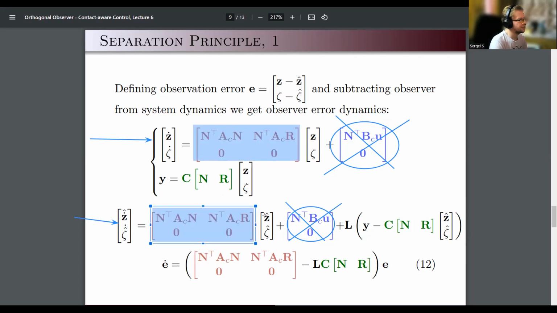So when we subtract, we just get vector z minus vector z hat, zeta minus zeta hat. This matrix we will take out of the brackets, and in the brackets we will basically have this. So what we get is E in front of this matrix.